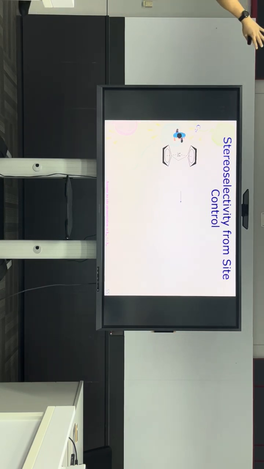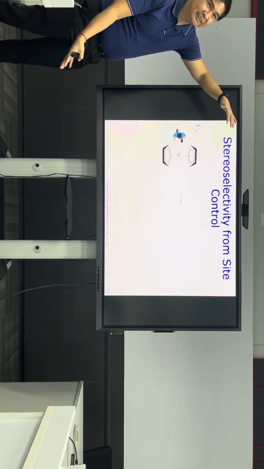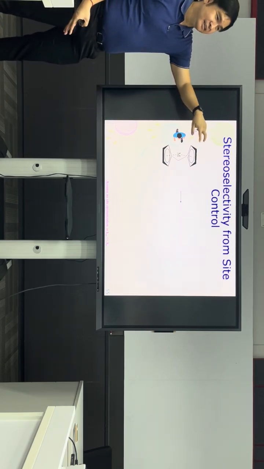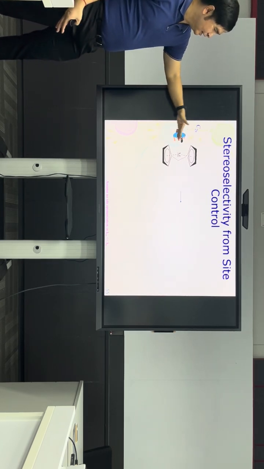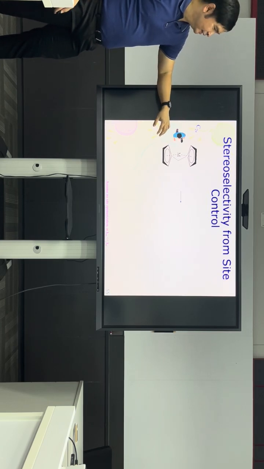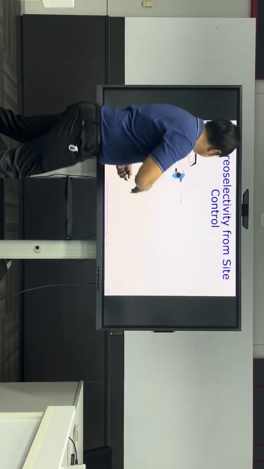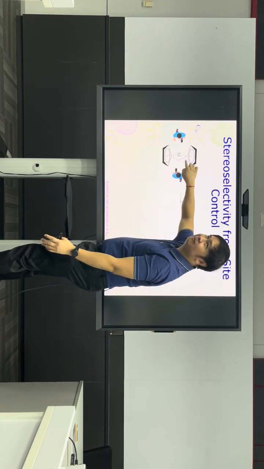Imagine I'm walking. Okay, my left hand or my right hand here, they are the same, right? No difference between this or this. So that means there will be no selectivity on this side. If I walk on this side, you can see the left or the right is the same thing, right?